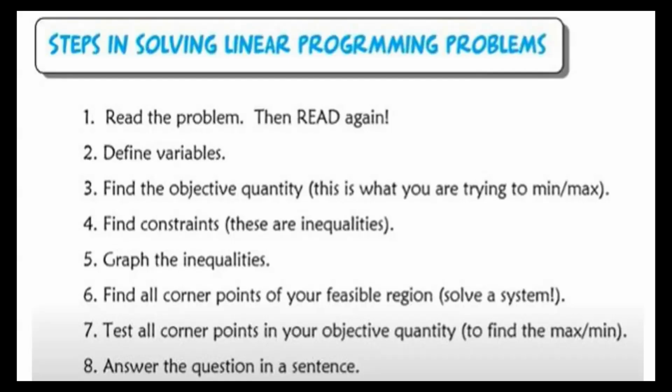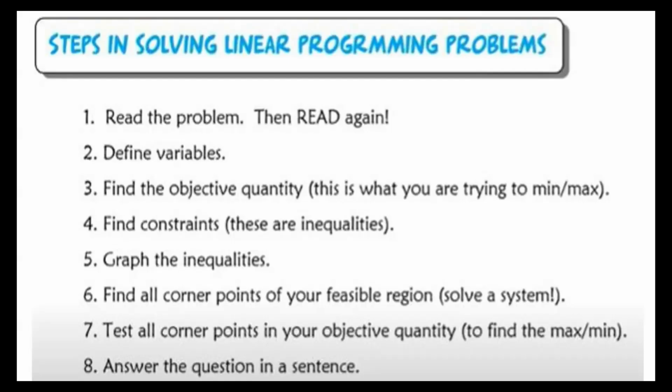I just used the word earlier, feasibility region. I talked about the feasibility region. And you'll see that there's this theory that the maximum or the minimum will occur at what we call the corner point. It can happen along any one of the sides, but we're not going to get into that.